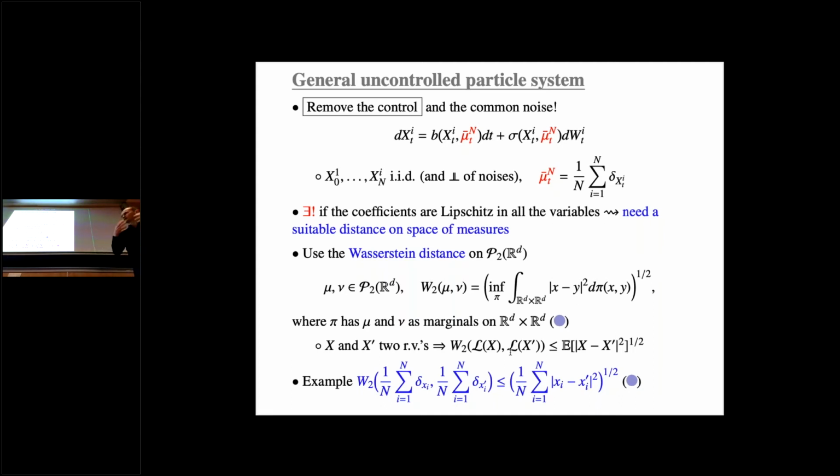So you could say that we know what x is. This is modeling the state of my particle at a given time. This is the same for x prime, but maybe for another choice of the strategy. And I want to have a look at the Wasserstein distance between the two distributions, and there is a trivial coupling, which is the joint law of x and x prime. And so I have this inequality: when x and x prime are given, the Wasserstein distance between the law of x and the law of x prime is less than the L2 distance between the two random variables. And this is very well adapted to probabilistic arguments.